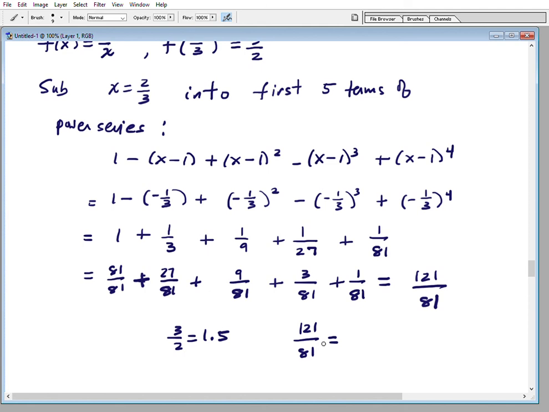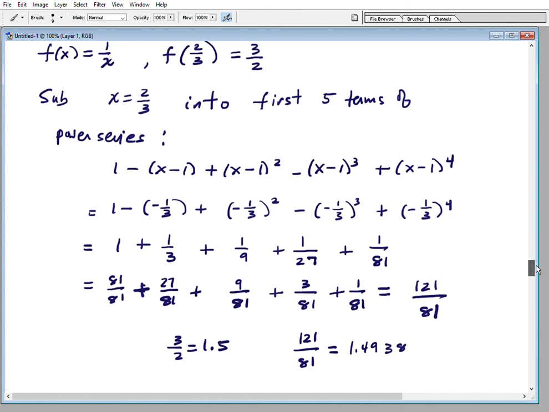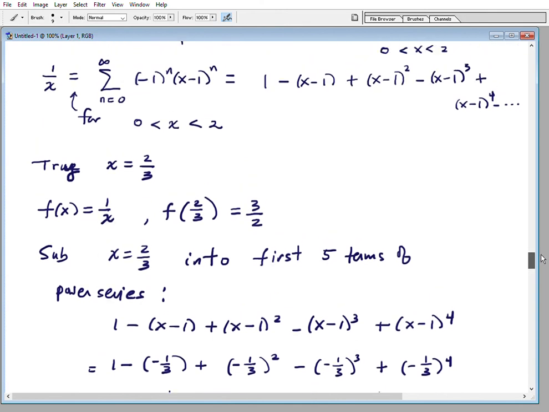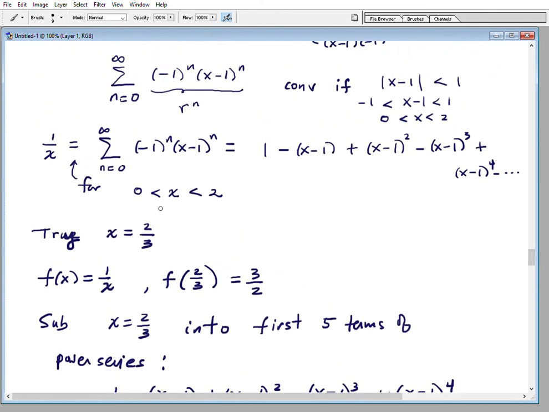I have 1.4938. So that's just convincing you that this power series does represent 1 over x. This power series is equal to 1 over x, but only on this interval, only on a small interval.